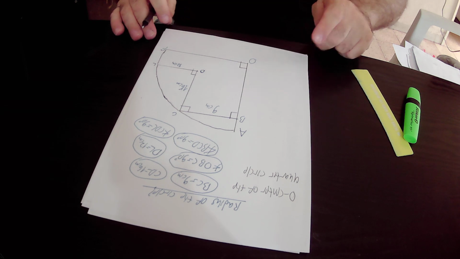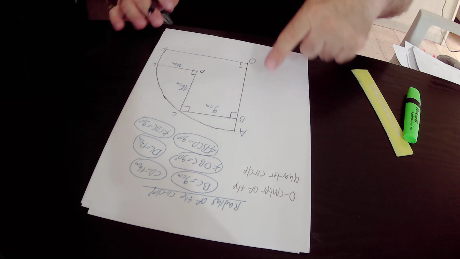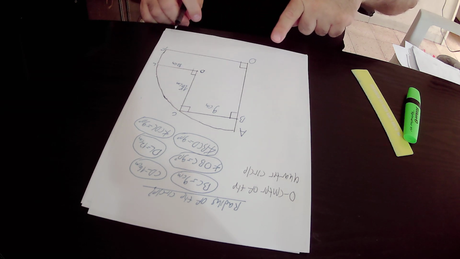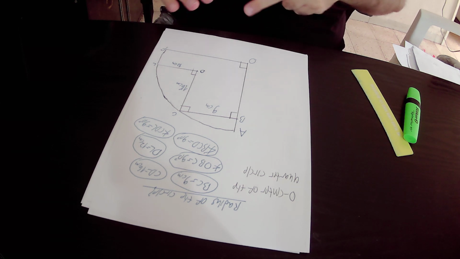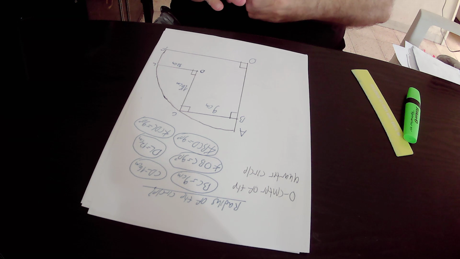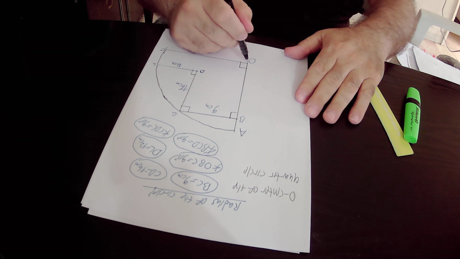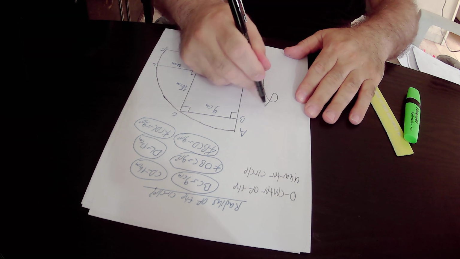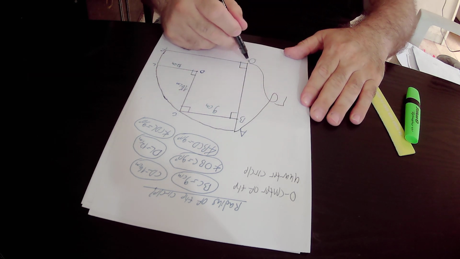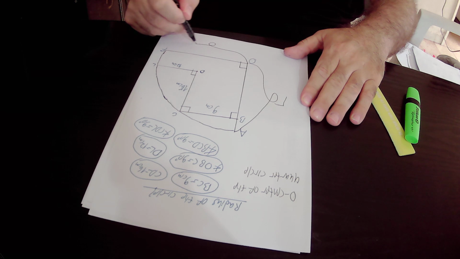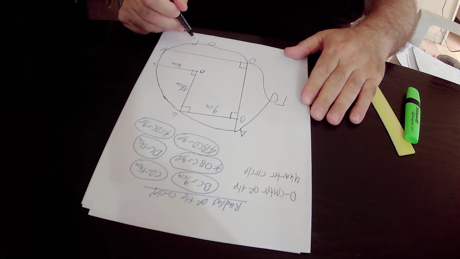And also line segment AO and line segment OF are both radii of the quarter circle. So we will define the radius as R, and therefore OA is the radius of the quarter circle that is equal to R, and OF is also the radius that is also equal to R.